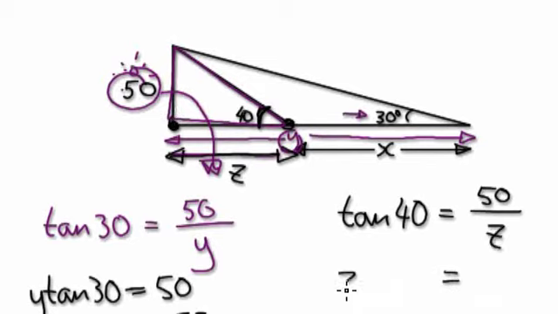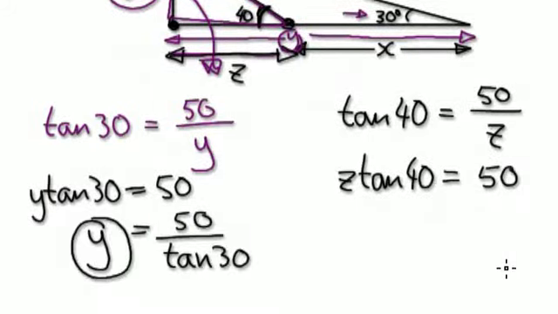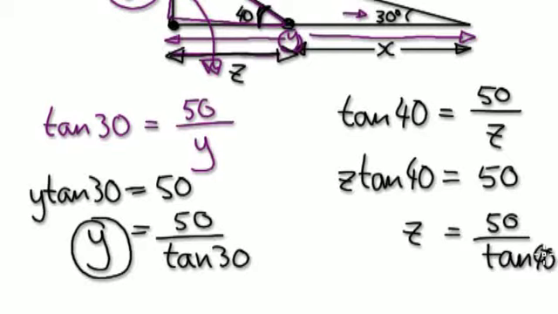Now times both sides by z, so it would be z tan 40 equals 50. Now divide both sides by tan 40, so we'll have z equals 50 over tan 40.